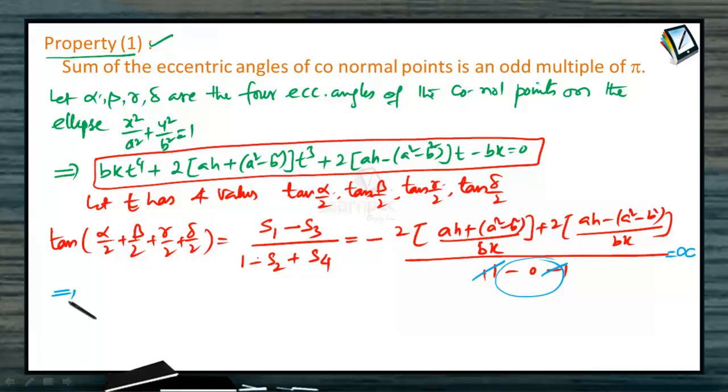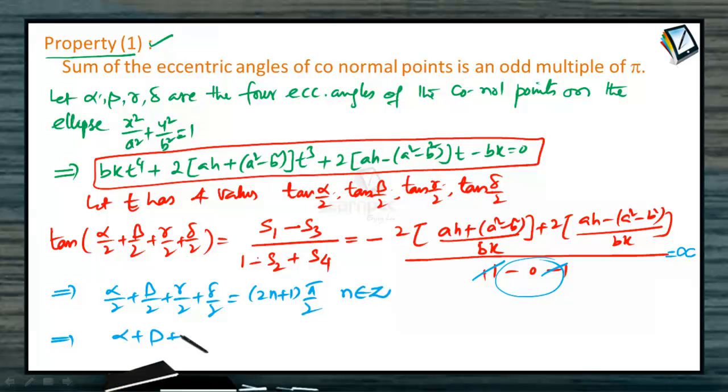That implies tan of this is undefined, so alpha by 2 plus beta by 2 plus gamma by 2 plus delta by 2 can become any odd multiple of 90, where n belongs to integers. That implies alpha plus beta plus gamma plus delta is equal to, 2 gets cancelled, (2n plus 1) into pi. That is an odd multiple of 180.